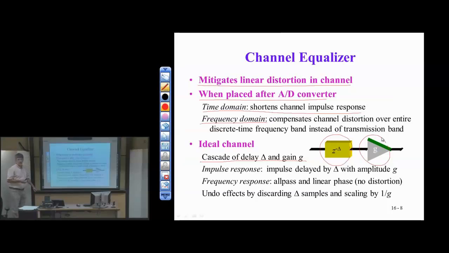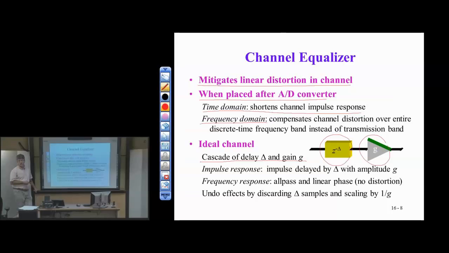Now, how do I undo the gain? What do I do at the receiver? Multiply by 1 over G, right? To the precision of the multiplication of G and 1 over G in the receiver, we can undo this. How do I undo the delay?